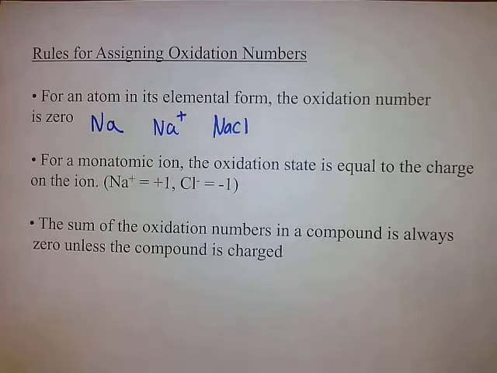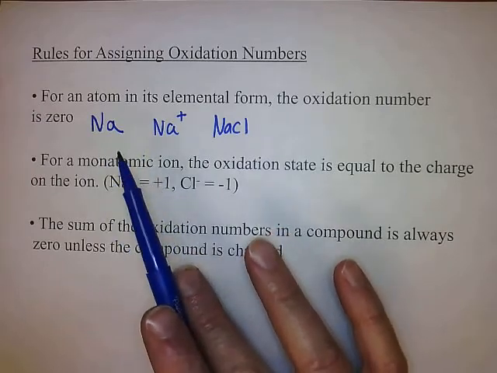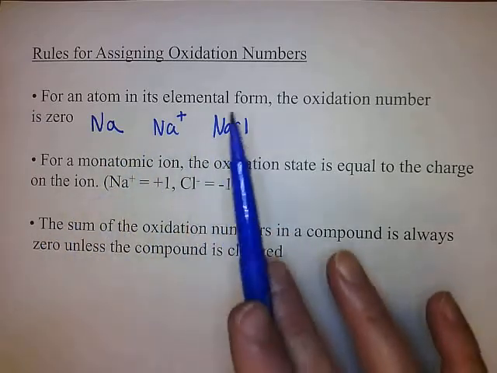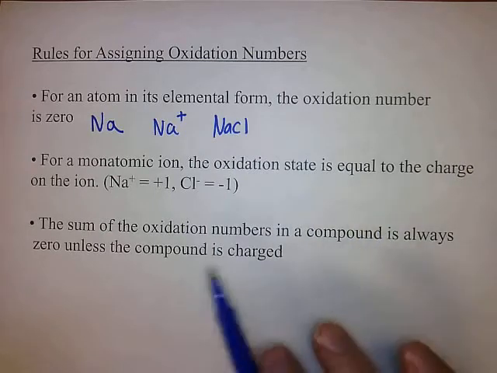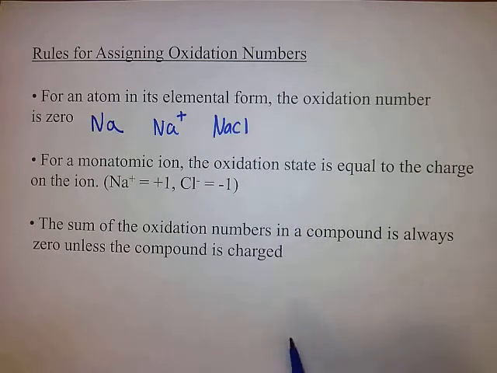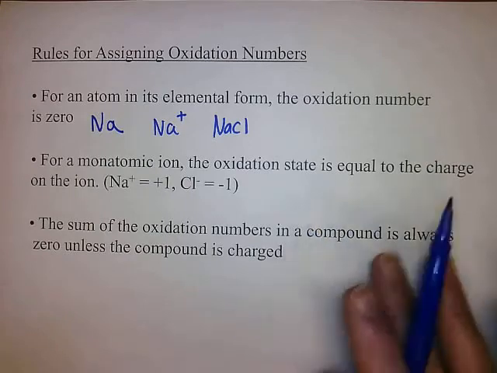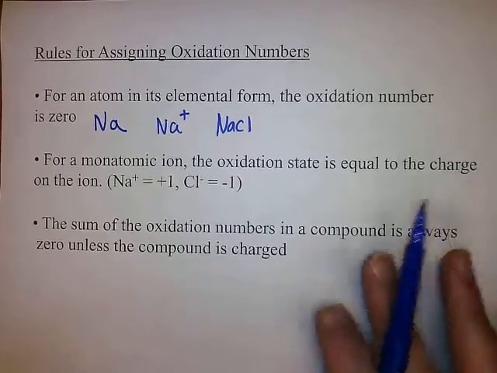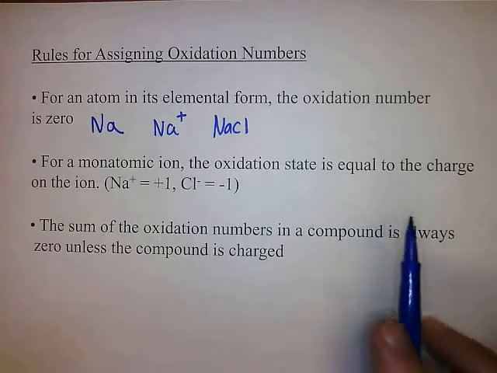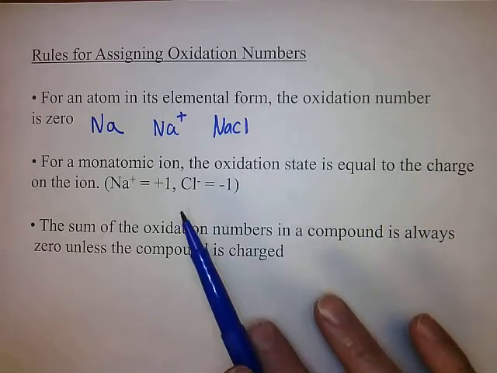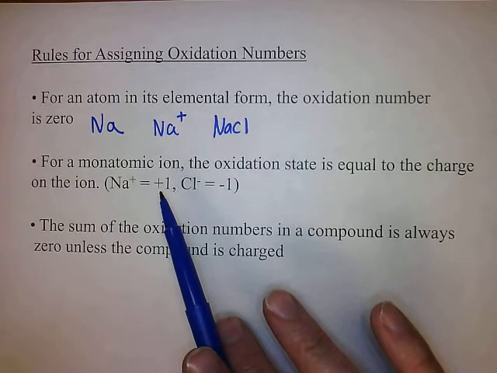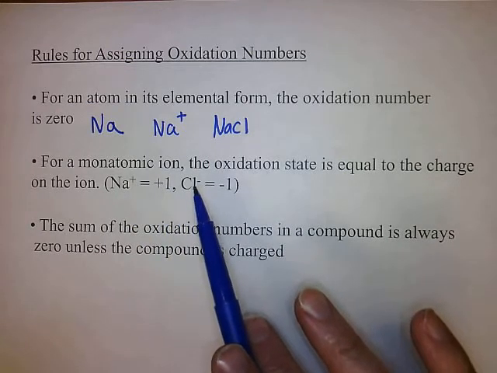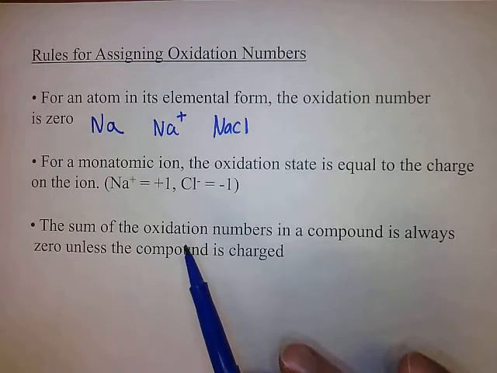So if it doesn't carry a charge and it's not part of a compound, just the element by itself, it will have an oxidation number of 0. For a monatomic ion, the oxidation state is equal to the charge on the ion. So for example, Na+ has an oxidation number of +1, and Cl- has an oxidation number of -1.